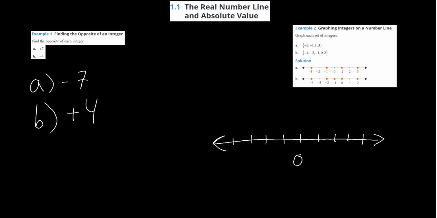Problem A says graph each set of integers: -3, -1, 1, and 3. In order to graph those integers, if 0 is here, then this is -1, -2, and -3 would be right here. So I'm going to graph -3, and we said -1 is right here. Then 1 would be right here if we corresponded on the other side. So 1, and then 2, 3. We're going to make our last point right here.